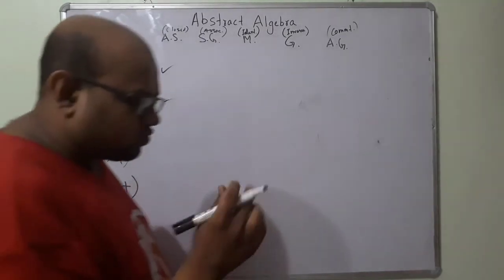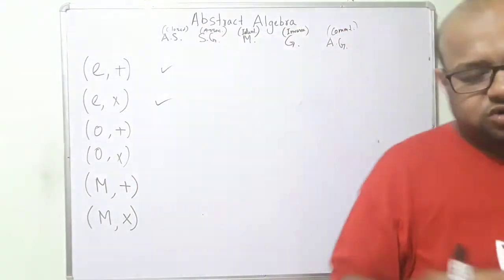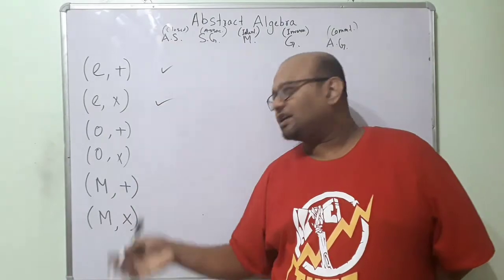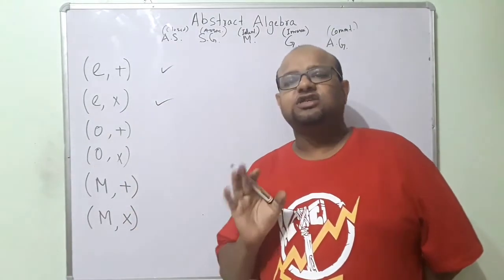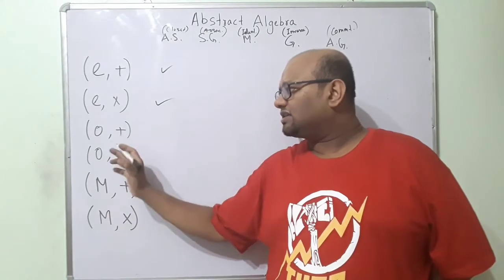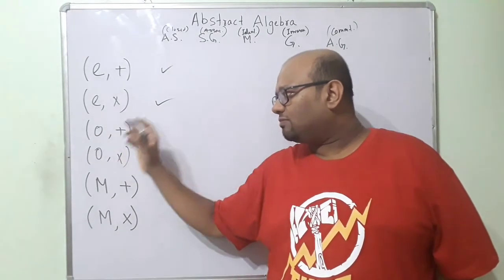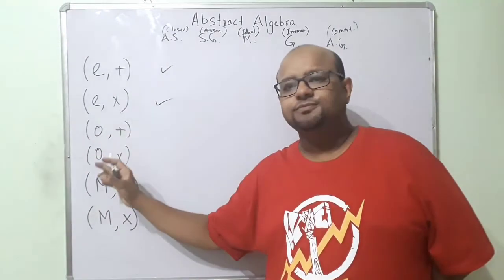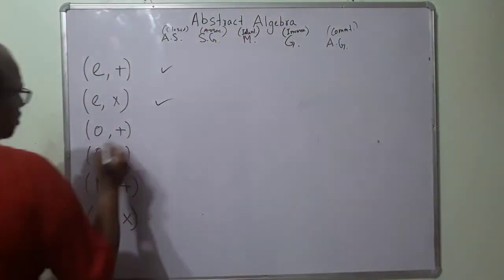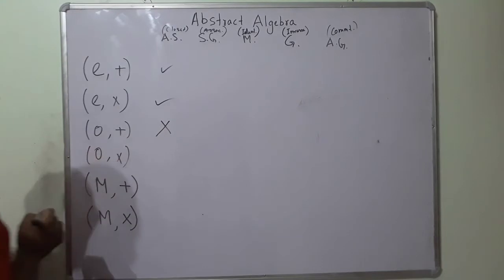Does it belong to the set of odd numbers? No, it does not. So the set of odd numbers under addition is not closed. Because it is not closed, it is not an algebraic structure, it's not a magma.